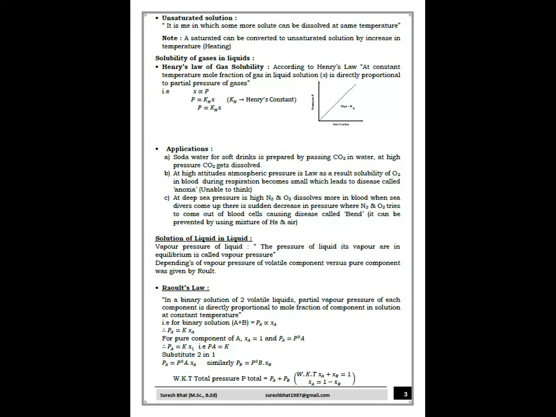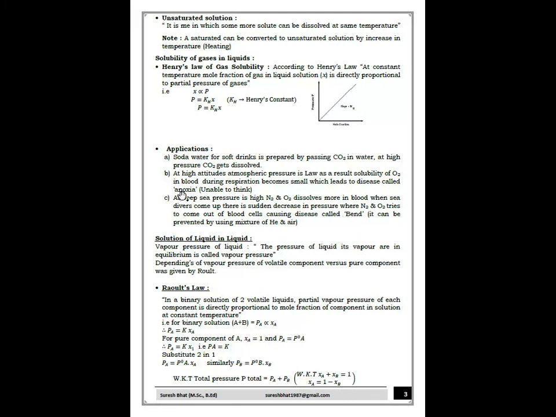So the pressure suddenly decreases. Now when pressure is higher, nitrogen and oxygen dissolve, but when it is lesser, what will happen? Nitrogen and oxygen try to come out of the blood cells. So that results in a disease called what? Bends. Bends is a disease where gases like nitrogen and oxygen try to come out of the blood cells. So that disease we call bends.